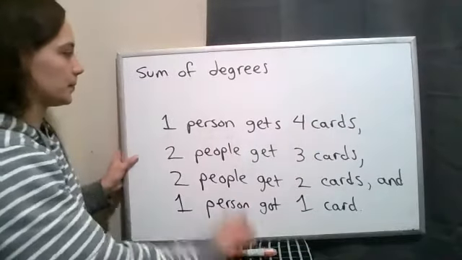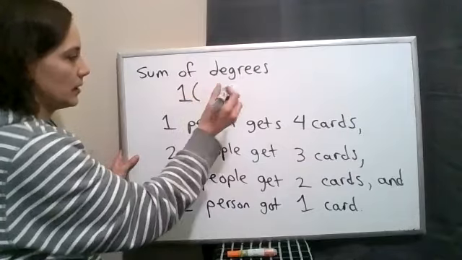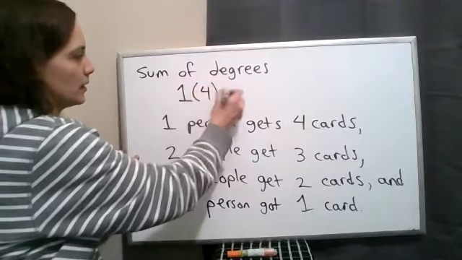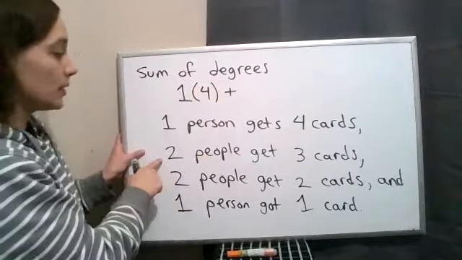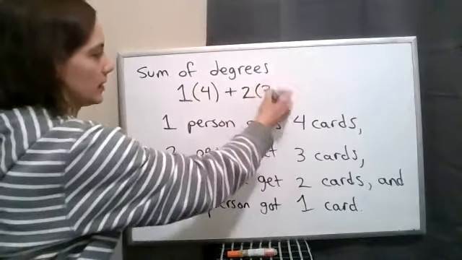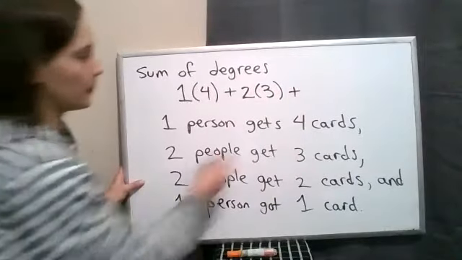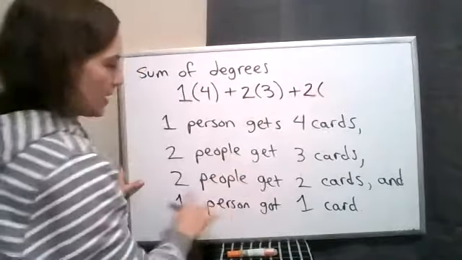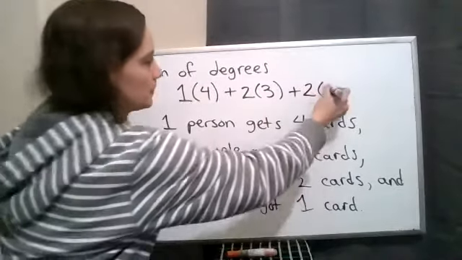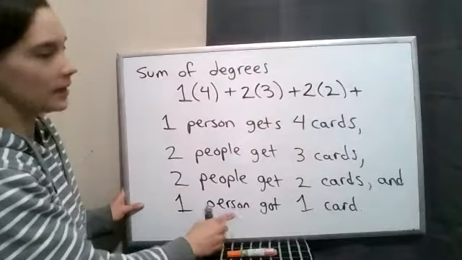So we'd have 1 vertex with degree 4, and then 2 vertices that have degree 3. 2 vertices, 2 people, have degree 2, and that 1 person with degree 1.